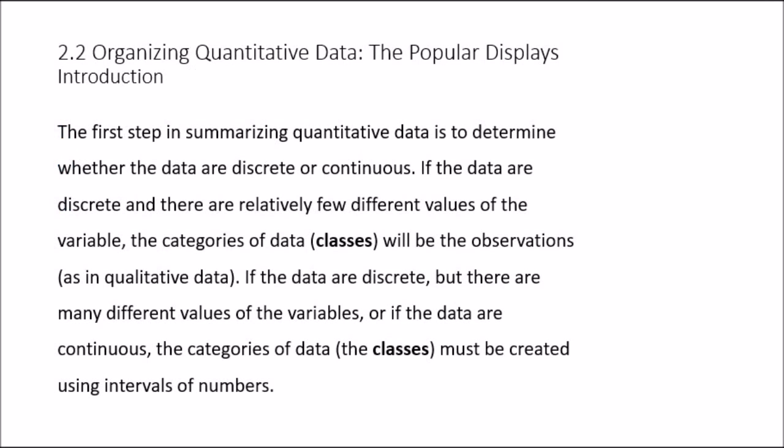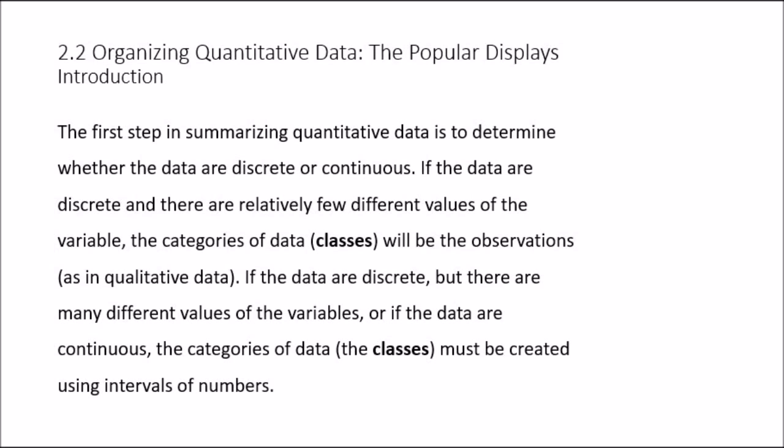The first step in summarizing quantitative data is to determine whether the data are discrete or continuous. If the data are discrete and there are relatively few different values of the variable, the categories of data, which we call the classes, will be the observations as in qualitative data.